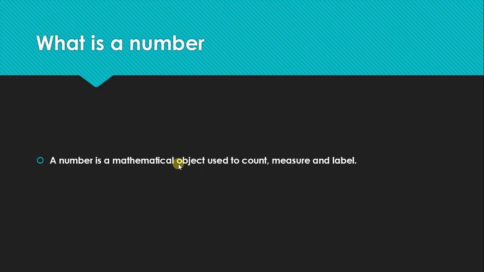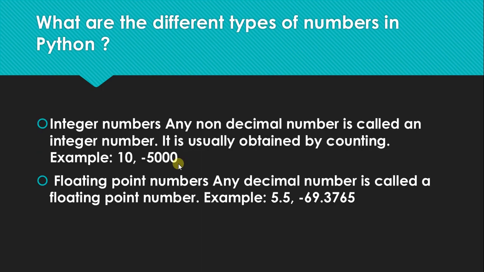We measure using floating point numbers, that is, we have 1.5, 1.2, 6.9, and a lot more. And we also label. Sometimes it's also in the form of a string, or an integer that we use to do the labeling. And what are the different types?